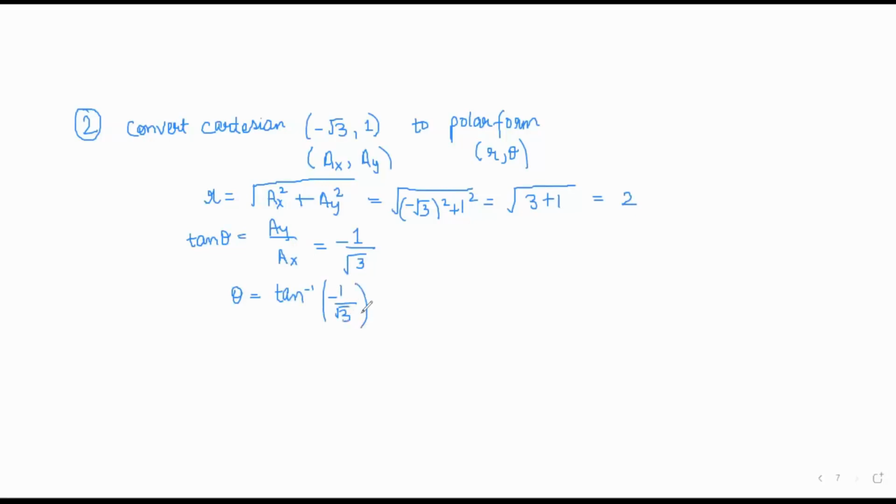Here the minus may pose some confusion for some students. The best technique that I use to find theta is always using the quadrant frame. We know that there are 4 quadrants in a 2D plane.